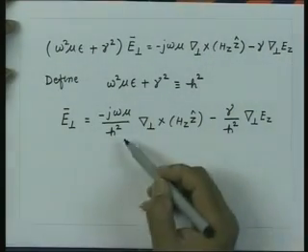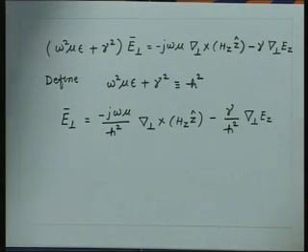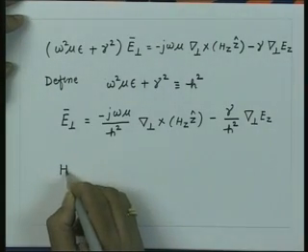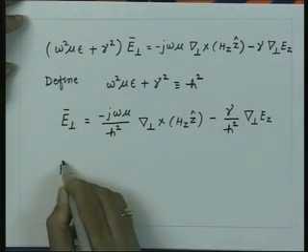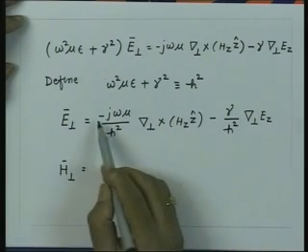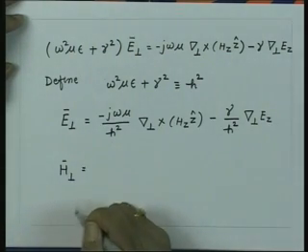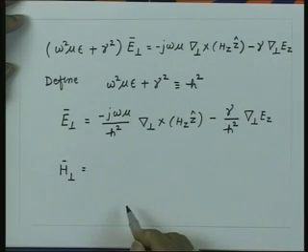And on similar lines, if I use the other equation for the transverse component of the magnetic field, I would get an identical expression, where minus j omega mu is replaced by j omega epsilon, and Ez and Hz are interchanged.